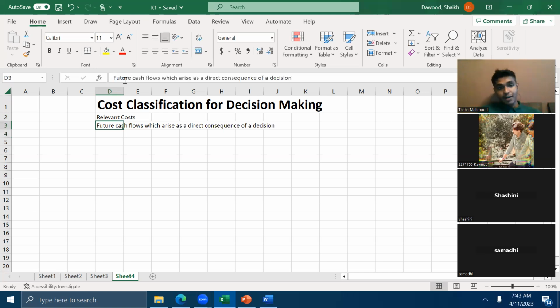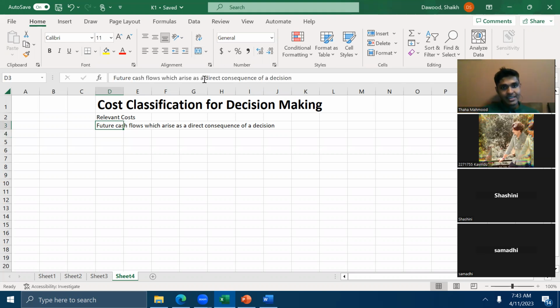Relevant costs are future cash flows which arise as a direct consequence of a decision. මෙන්න මේ definition එකෙන් අපිට relevant cost කියන එකට characteristics තුනක් හඳුනා ගන්න පුළුවන්. All right. The first one is relevant costs are incremental cost කියන එක.